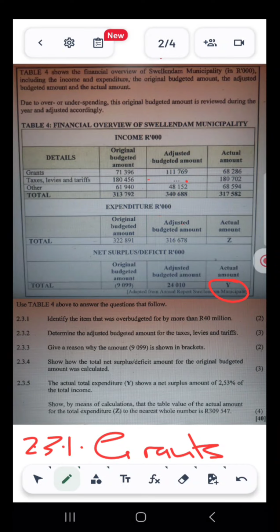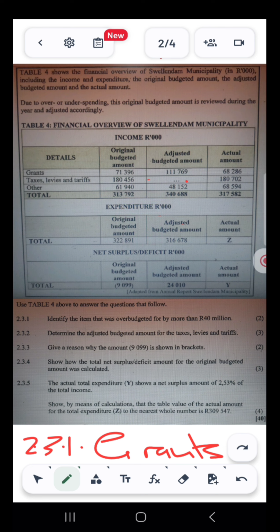So they want us to find A, right? Because that's where they talk about net surplus, net deficit. So we want the actual amount, which is U. Y is going to A. So we must show how it is calculated with the calculator, right? These people who work in the municipality draft these budgets.